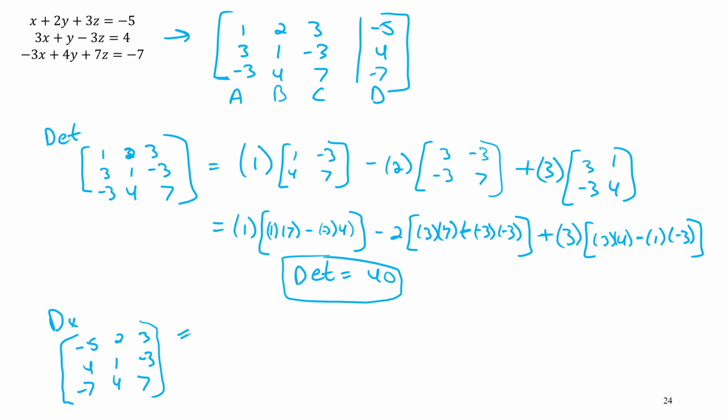So when we write it out, if we look at the negative 5, we get rid of row 1 and column 1. So we would have negative 5 being our A, followed by 1, 4, negative 3, 7.